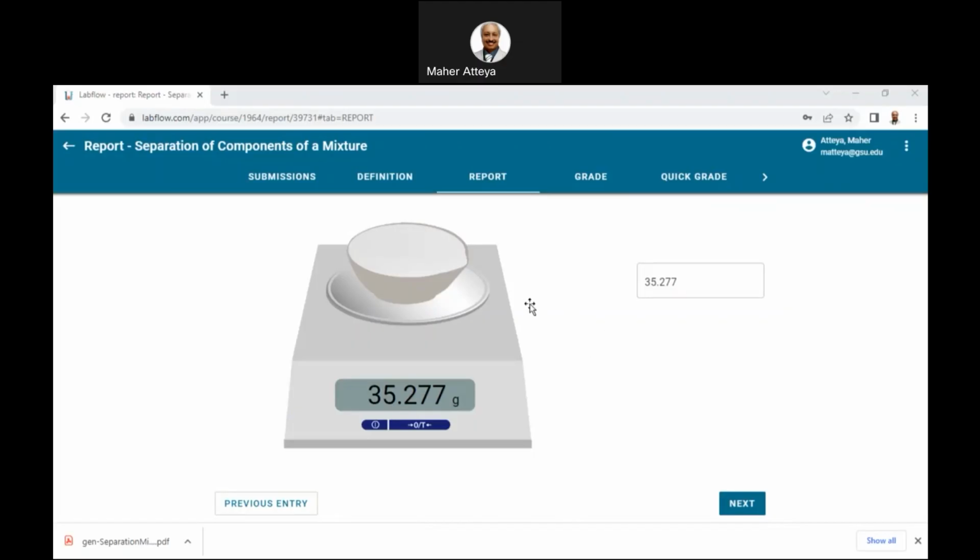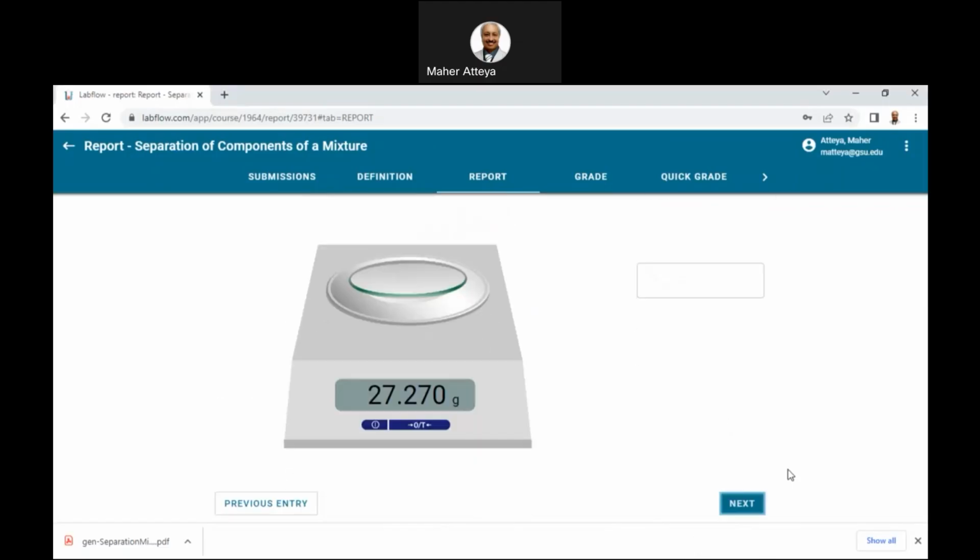So we have to copy and paste our data here, come here, and then paste it at the bottom. Okay, so this is the second one.